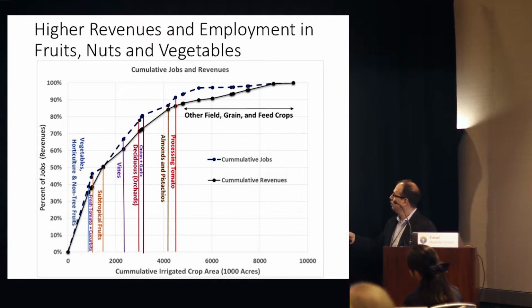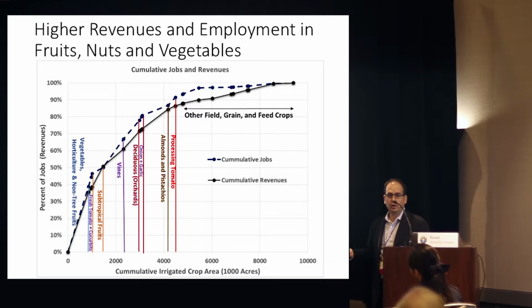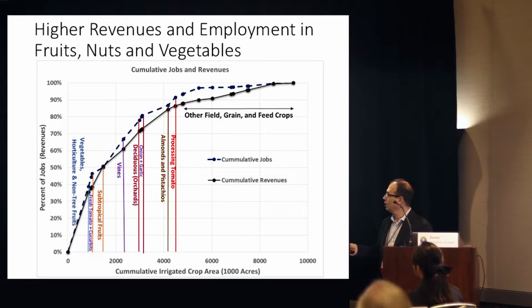We can see from this graph that most of the crops classified as vegetables or nuts or other fruits provide about 85% of the total revenues and employment in the agricultural sector in the state. So these are crops of pretty high economic importance.